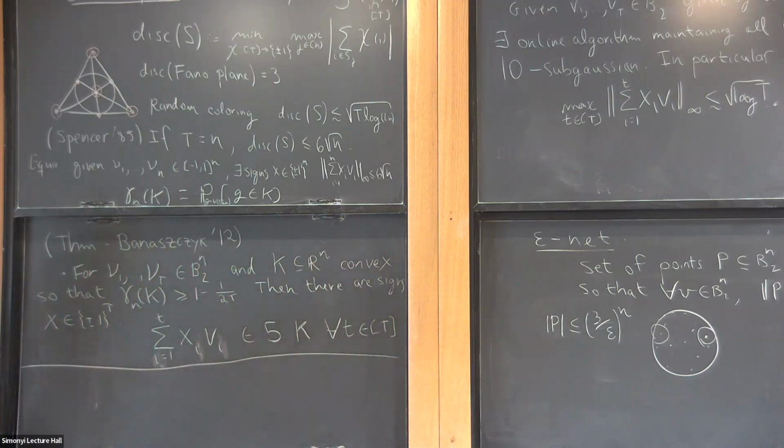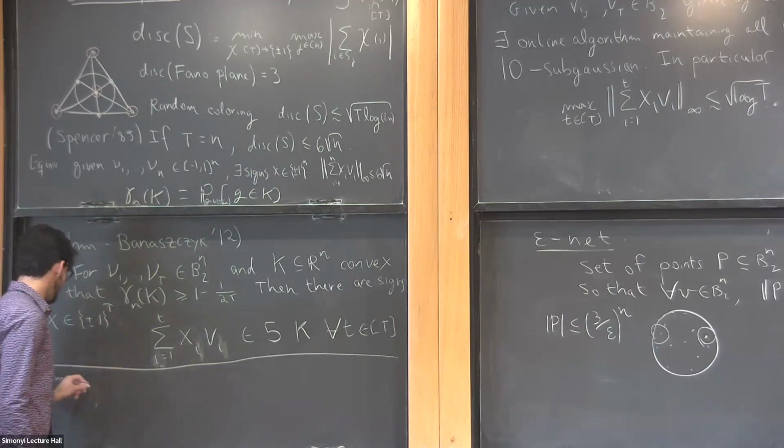In order to do this, Banaszczyk showed a geometric lemma that's actually quite deep. I won't prove it, but I'll state what it says. It actually was proven many years before by himself.